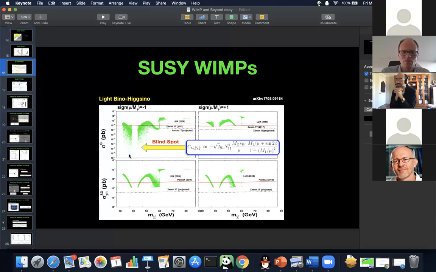Right. I was confused between the blind spot and the relic density constraint, because the points are missing in the spin-dependent the same way they are in the spin-independent, and I wasn't understanding the distinction. Sorry for the confusion. Now I think that's more clear.